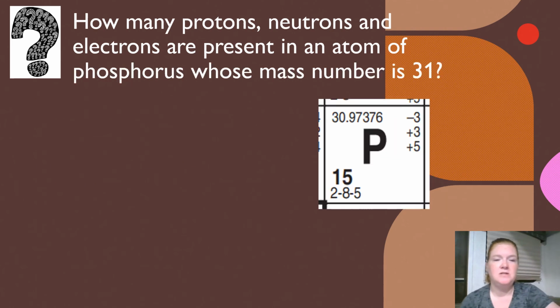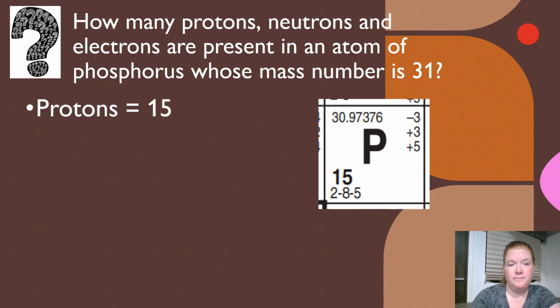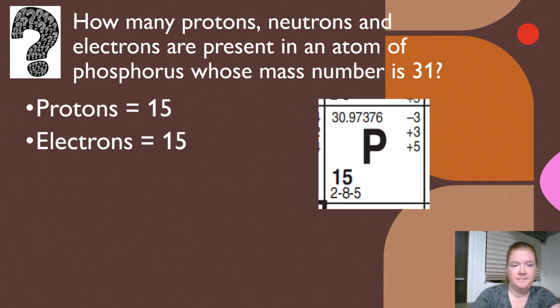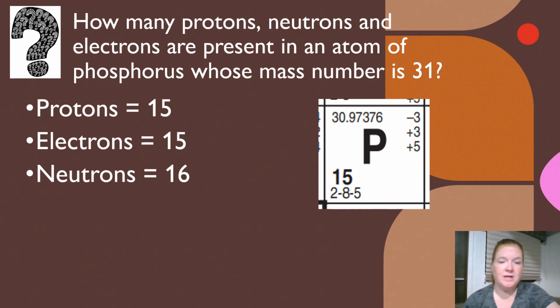How many protons, neutrons, and electrons are present in an atom of phosphorus, whose mass number is 31? Well, the protons is 15, the atomic number. The electrons is 15, same as the number of protons. And the neutrons is 16. You did 31 minus 15.